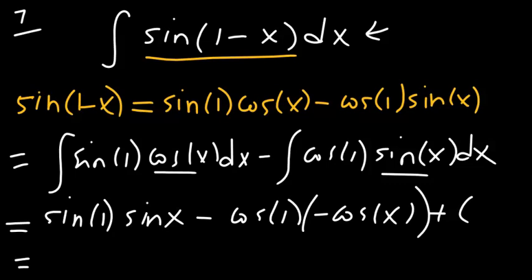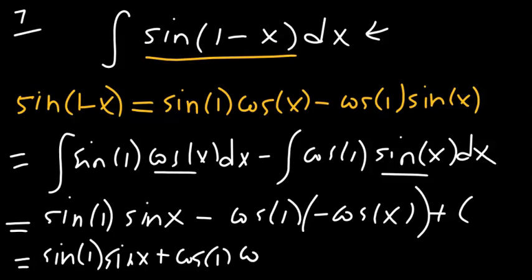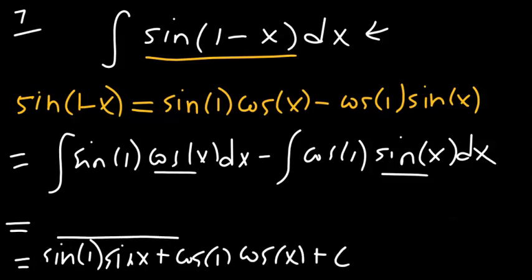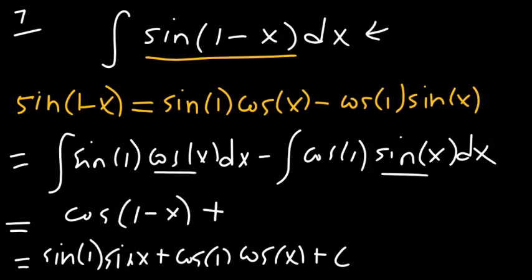So you get sine 1 sine x plus cosine 1 cosine x plus the constant, which, using the trigonometry identity, these terms will simply become cosine 1 minus x plus the overall constant, and that's the answer.